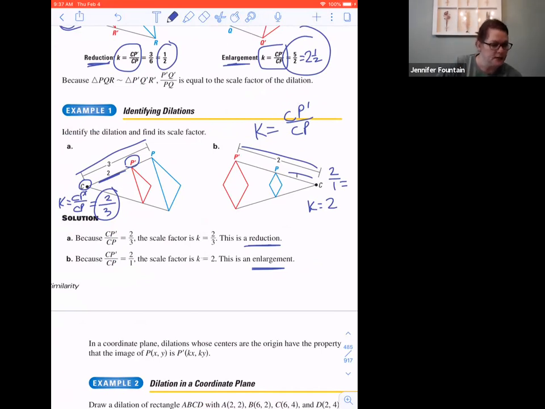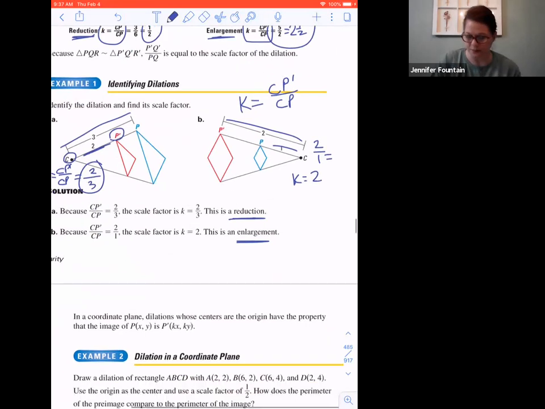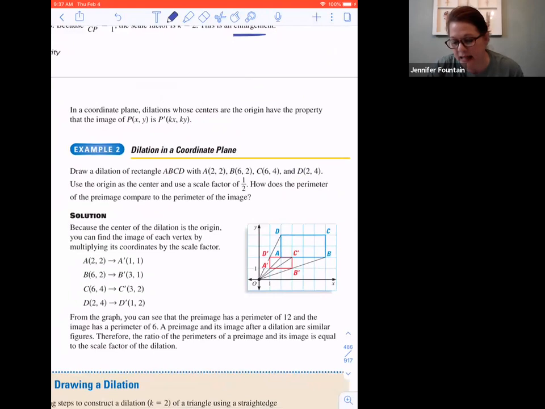All right, so now look at the top of page 507. It says in a coordinate plane, dilations whose centers are the origin have the property that the image of P, which is XY, is P prime, which is KX, KY. So this is the part you're filling in for bullet point 6.